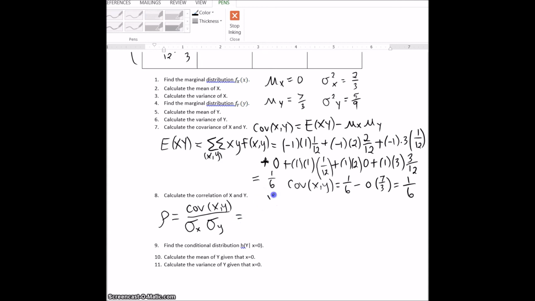So here we'd have our 1/6 divided by the square root of our variance, so the square root of 2/3, variance of x, times the square root of our variance of y, which is 5/9, and that's going to give us our correlation, which gives us about 0.27.